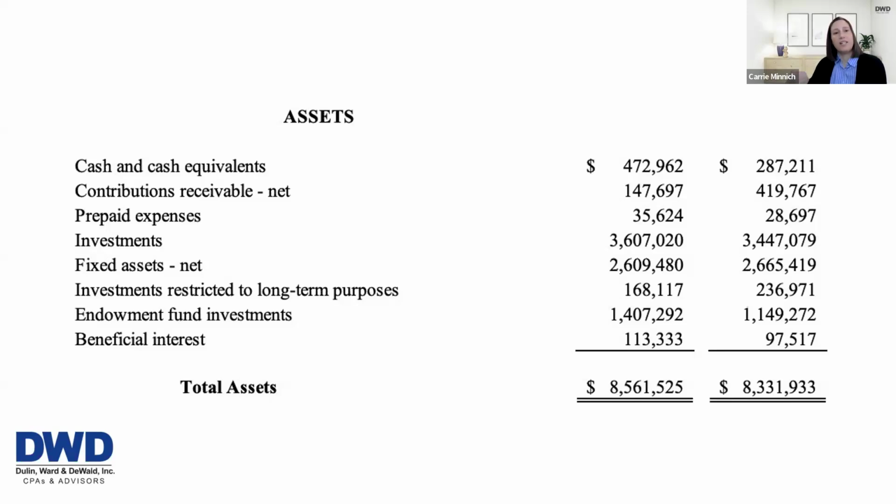They're not going to get anything in return for their payment. They just really are passionate about your organization. They like what you do. So they've said they are going to promise to give you a certain amount in the future. You might also see this called grants receivable or promises to give. They're the same thing. It's a promise to give something in the future for nothing in return.